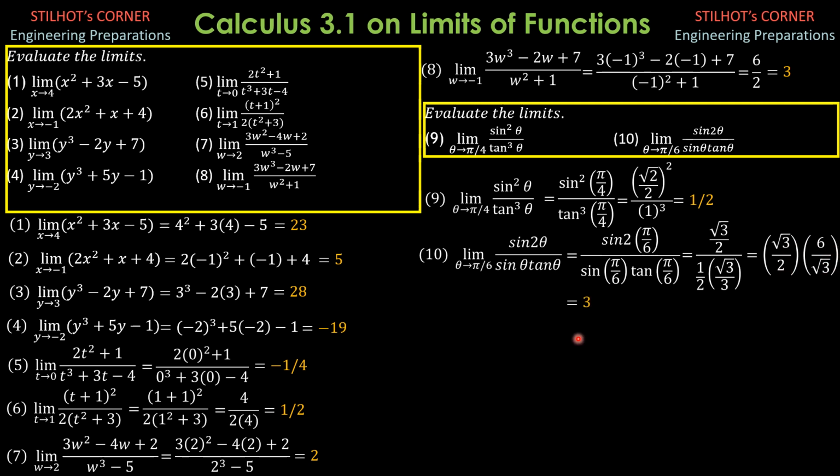So that is 3. Then for your calculator part, set your calculator in the radian mode because you're allowed to use your calculator also. Especially for engineering students, you can use your calculator. You are allowed because it's a waste of time if we evaluate this mentally, although we can evaluate this mentally.